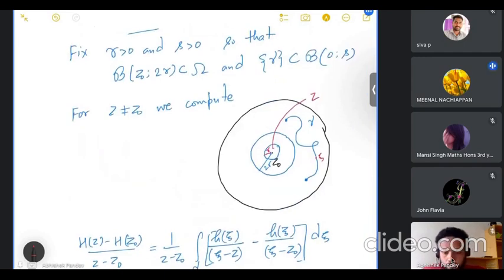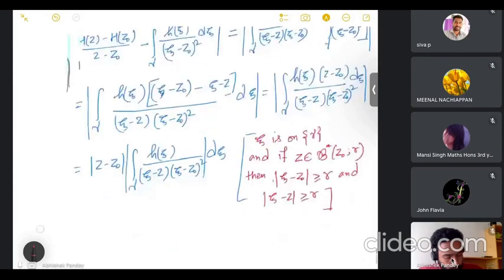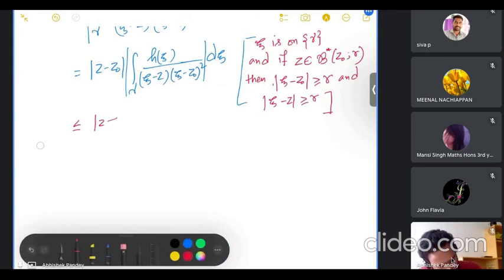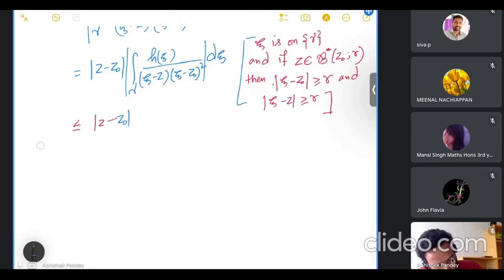Yeah, so with this in mind, the product of xi minus z and xi minus z naught squared is at least r cube, so this will be less than or equal to mod z minus z naught upon r cube, integral of h of xi d xi.